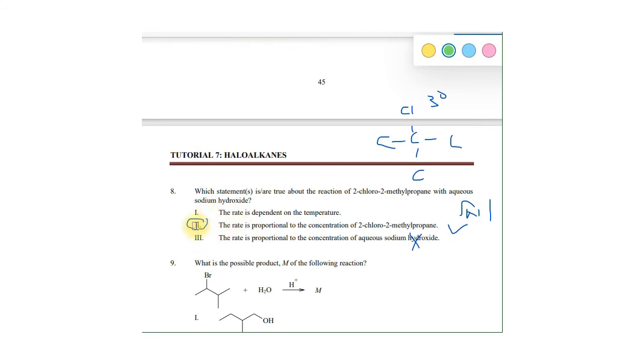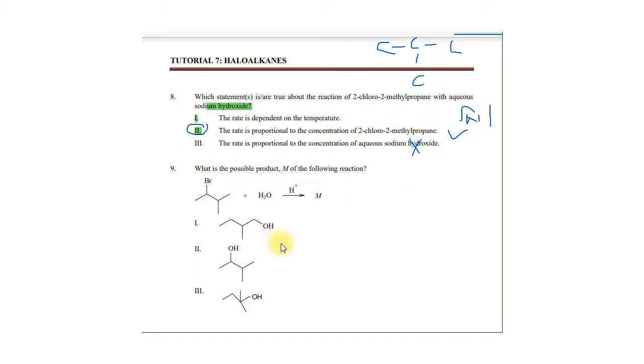Over here we confirm 2 is correct. So from here we know actually 1 is also correct. The rate is dependent on the temperature. If you still remember, the rate of reaction is directly proportional to the temperature. So that's why number 1 is correct. Number 2, yes, the rate is proportional to the concentration of the haloalkane. Because SN1 is independent of the nucleophile, that's why number 3 is wrong.